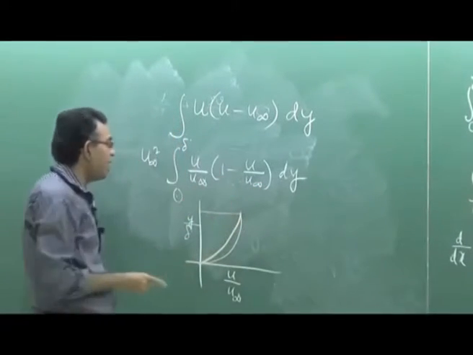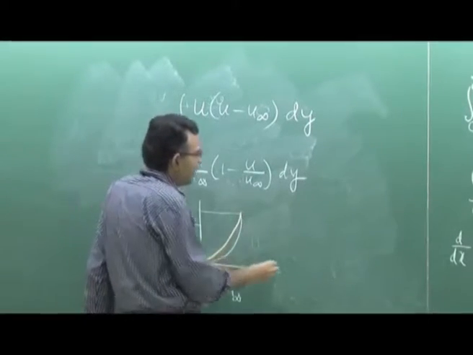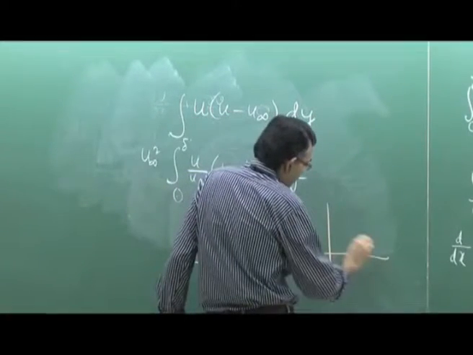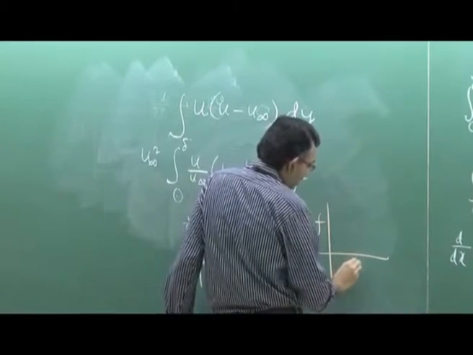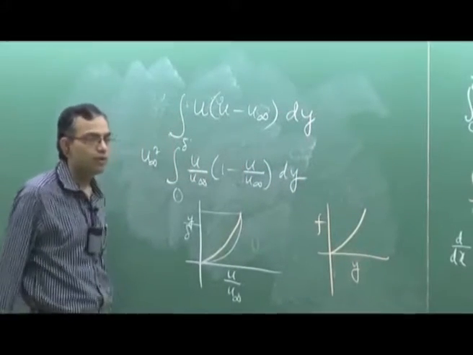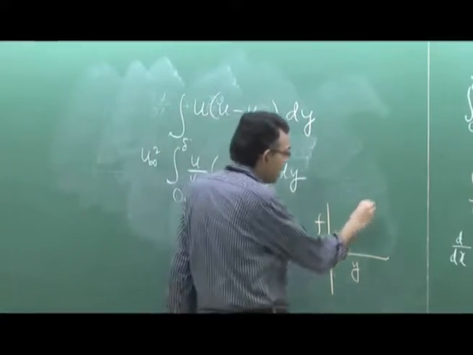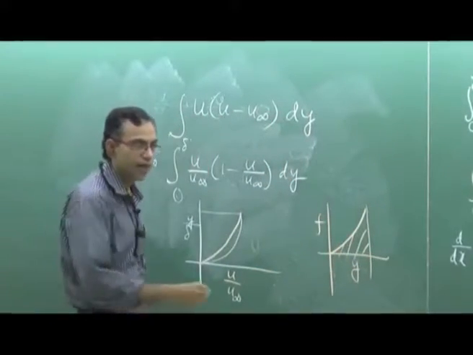Now integration wise, see, if you have integral of f dy, say this is f as a function of y. So integral f dy is the area under the curve, right.